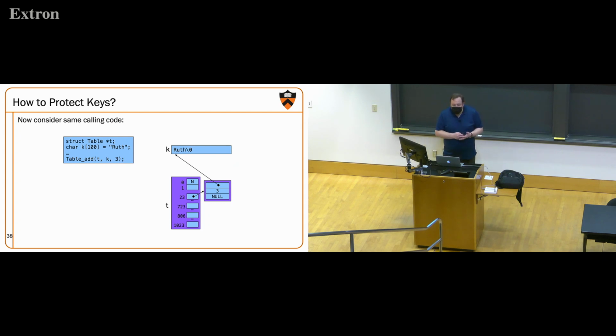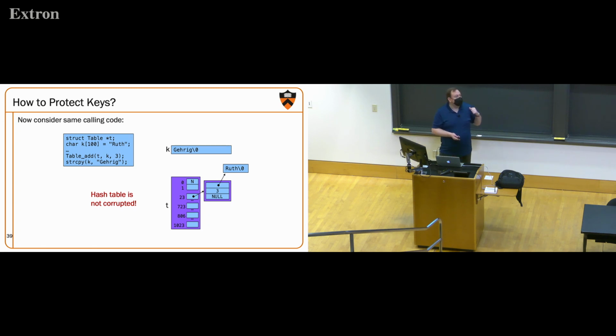Okay, so now considering the same calling code, the binding has its brand new copy of the key, and when the calling code changes the original key, the data structure is still happy. Now, of course, this complicates the freeing operation, because now when you free a binding, you also have to free the copy of the string.